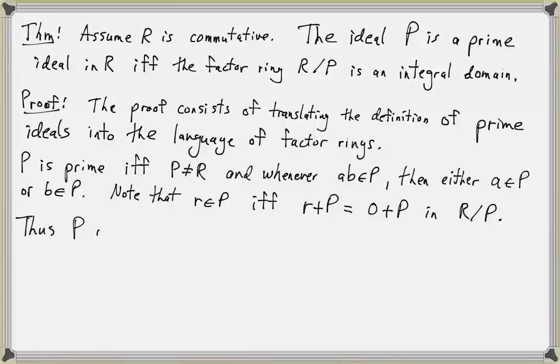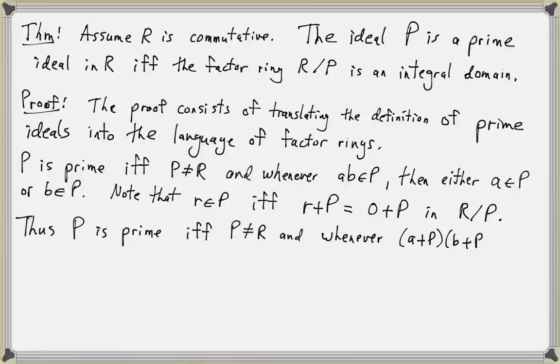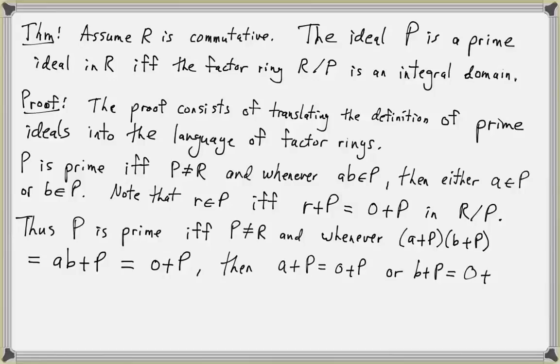Thus, the ideal P is prime if and only if P does not equal R, and whenever A plus P times B plus P, which equals AB plus P, equals 0 in the factor ring, then A plus P equals 0 plus P, or B plus P equals 0 plus P. But that's the same as saying that R mod P is an integral domain.